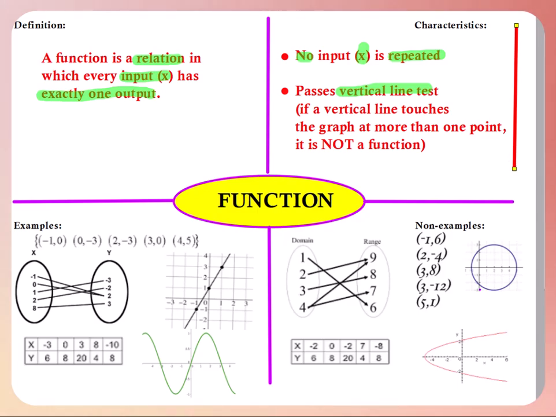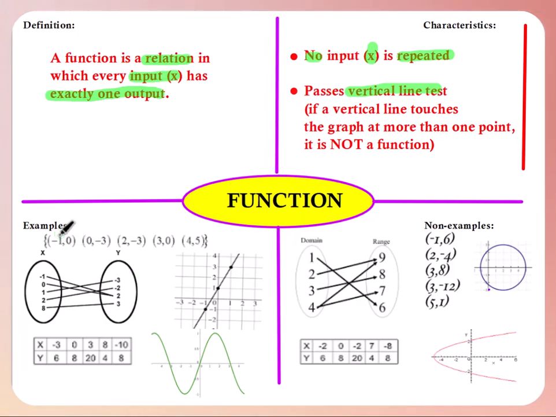All right, now let's go back to the bottom left-hand corner, and let's look at our examples. In this first example, we have coordinate pairs. So here's our x. Remember, if we're looking at our definition, we're not going to repeat our x's. Okay, so we have -1, 0, 2, 3, and 4. Do we have a repeat?